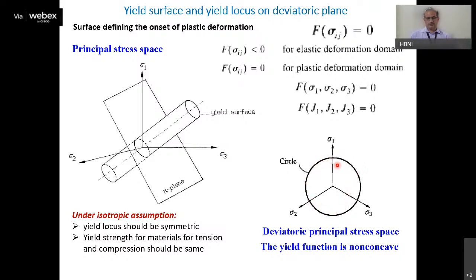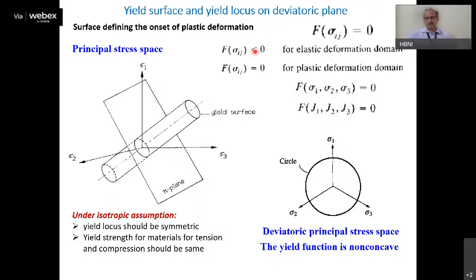So the surface which defines the yield condition is a surface, and the criterion for it is when the yield function becomes equal to 0. The yield function is some function of the different stress components.